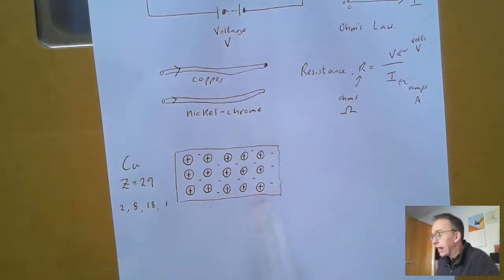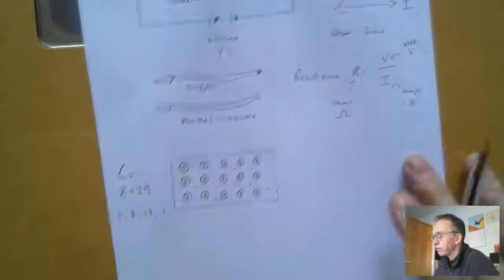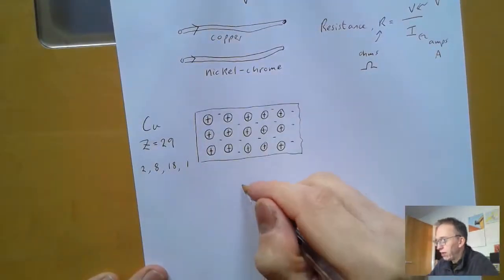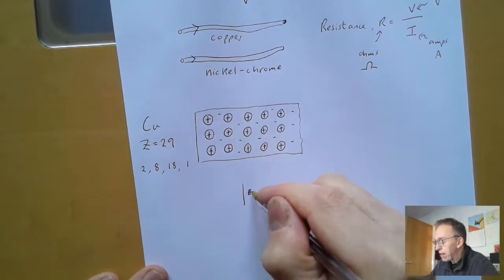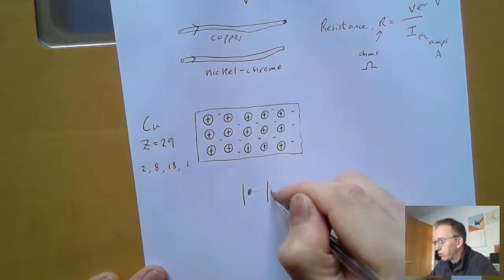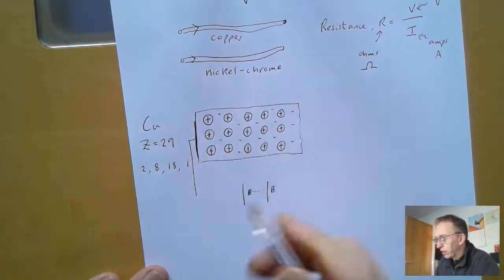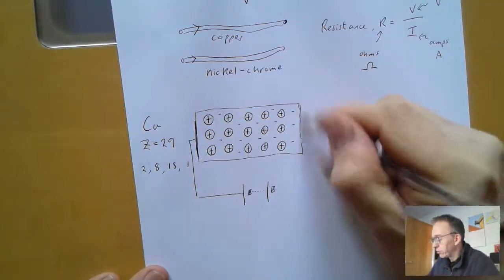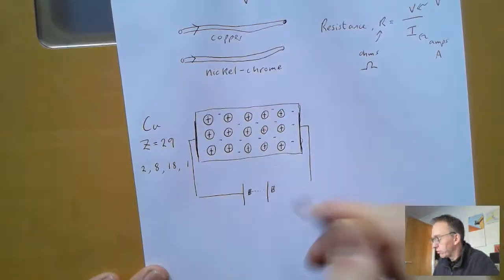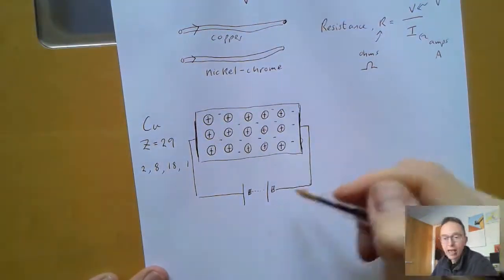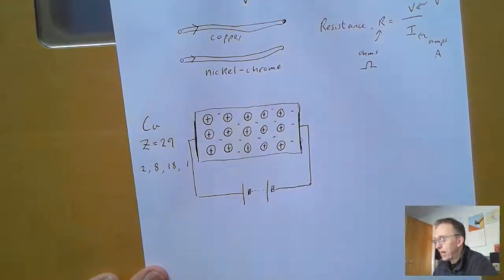Now, wandering electrons don't constitute a current, but we can make a current flow because if we apply a battery to the conductor, like this, then that creates an electromotive force inside the copper.